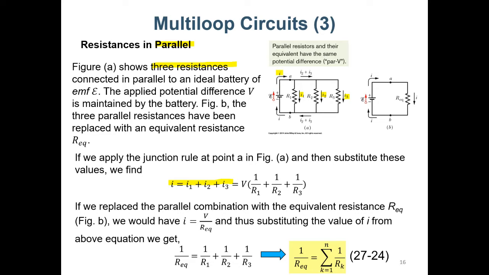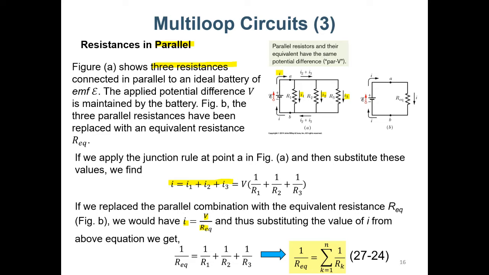And for the right-hand side case, it is a simple one, which is I equals V over REQ. As long as they are equivalent, these two I should be the same, and V is the same, so 1 over REQ equals 1 over R1 plus 1 over R2 plus 1 over R3.